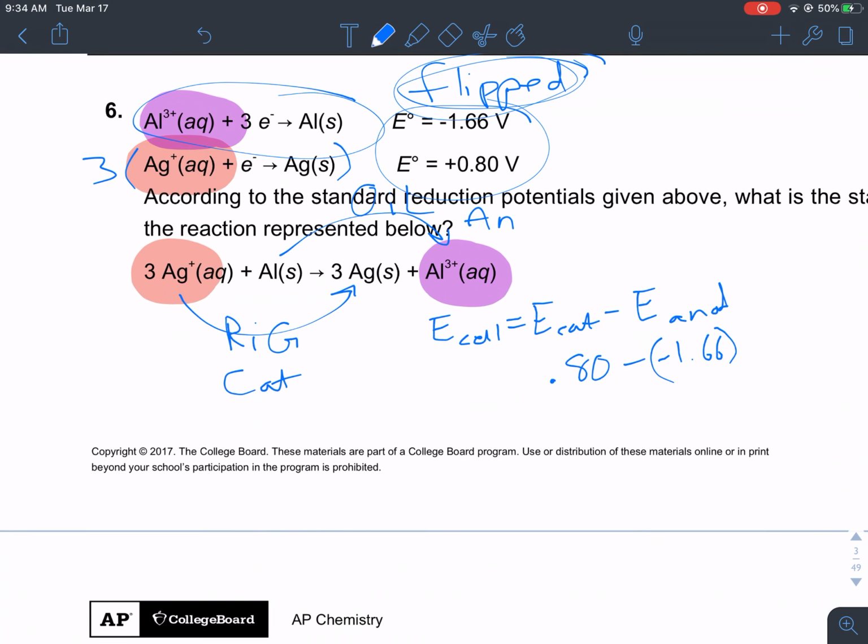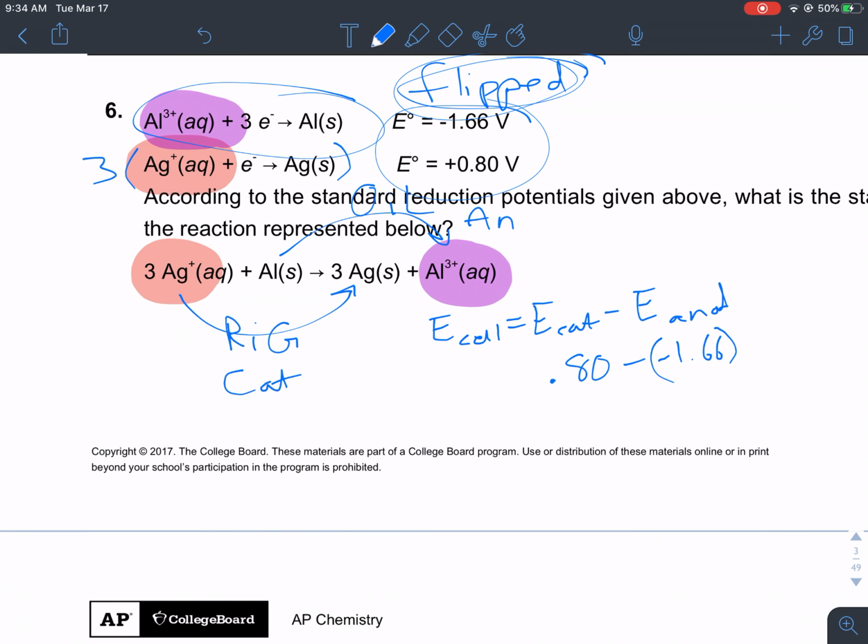Remember your delta G is equal to negative RT ln K? That negative RT is always going to be negative. So you want delta G to be negative, and you're hoping that this ln K will be positive.